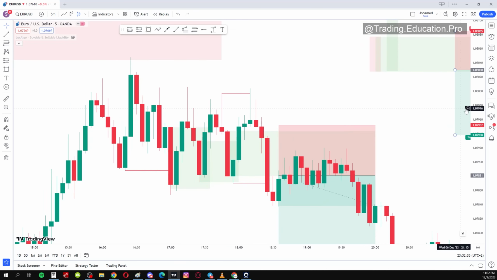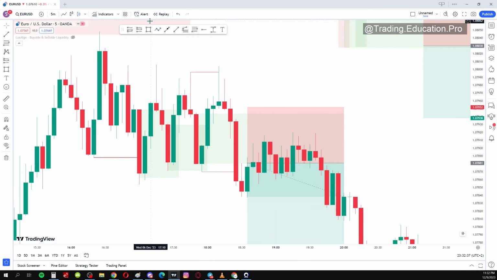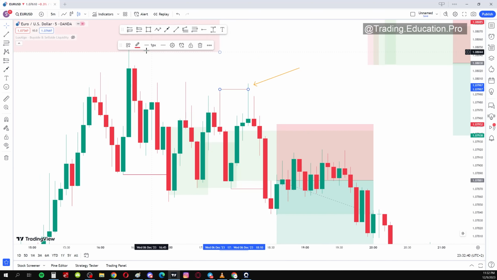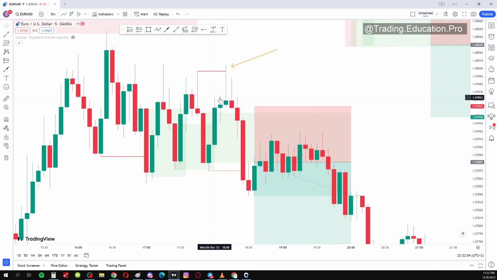And this is a funny situation here. We have a stop hunt. Like this week took out the previous week, right? And it closed below with a wick. So this already tells us we are probably going down.